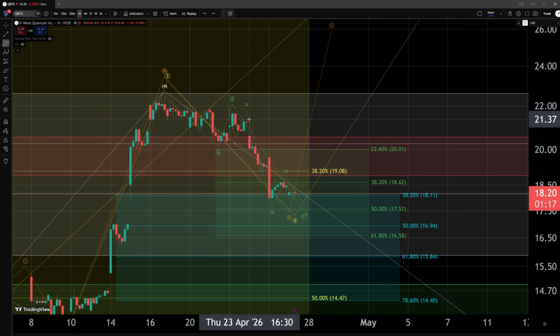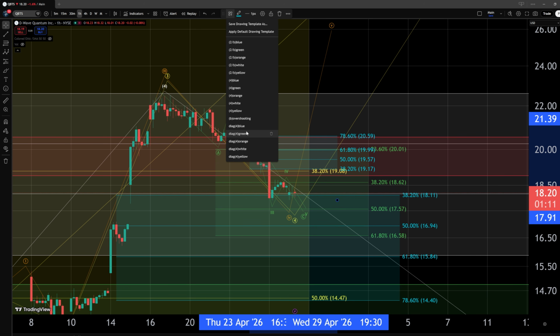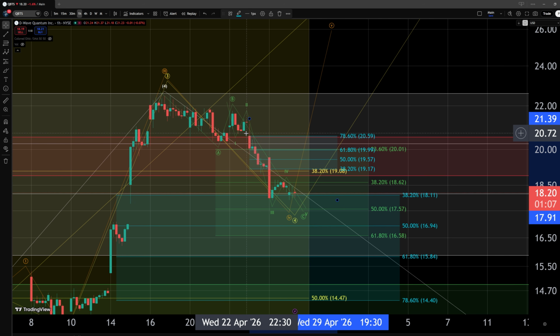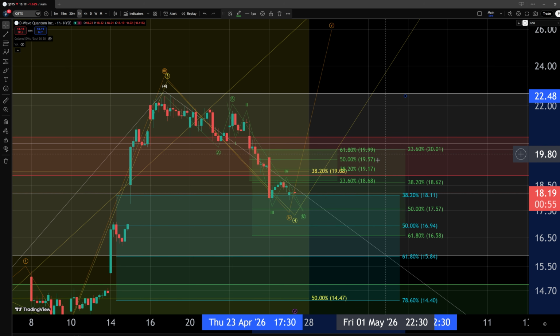If we manage to break here the 61.8% retracement, which would be the last level of resistance for such a wave 4 at $20, well, that would allow me to not really expect this additional low within a wave 5 in green, but it wouldn't be enough for a confirmation that we have bottomed, that we are looking for the reversal to new highs.